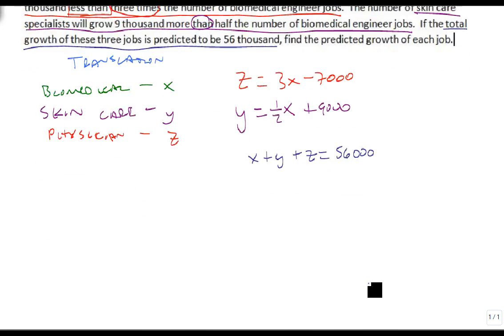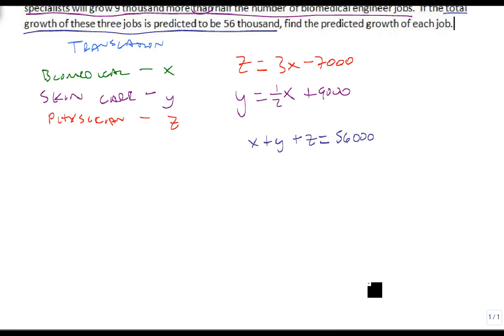So now all we need to do is plug in our X plus 1/2 X plus 9,000 for our Y plus 3X minus 7,000 for our Z, and let that equal the 56,000 from the total.